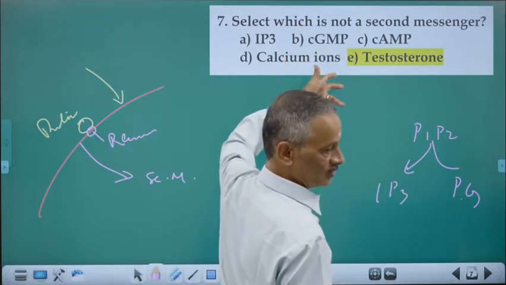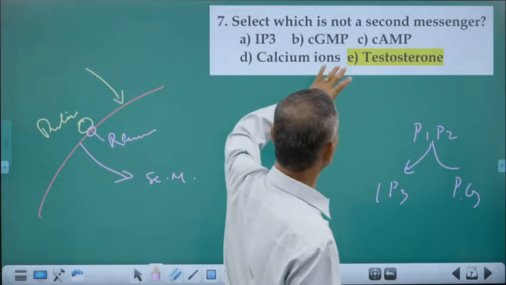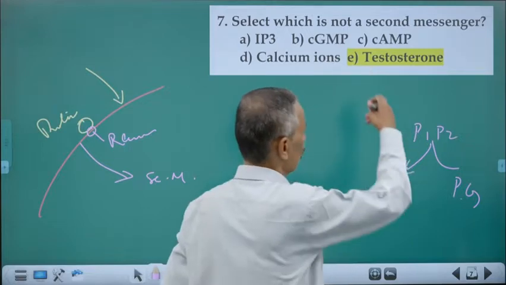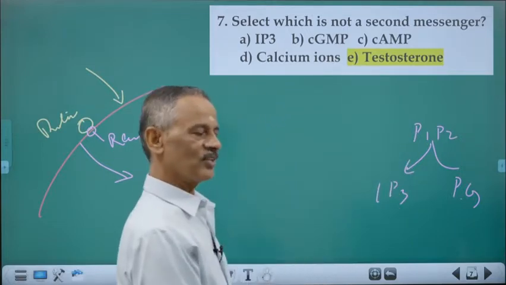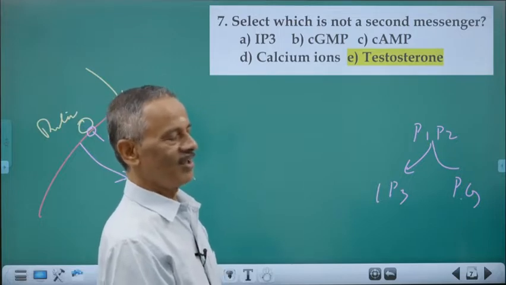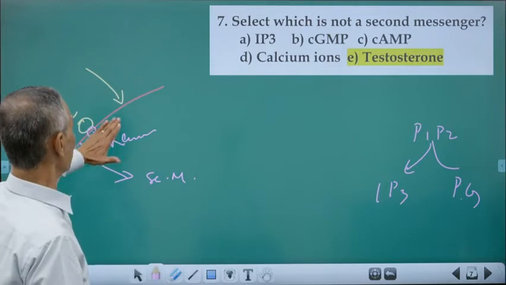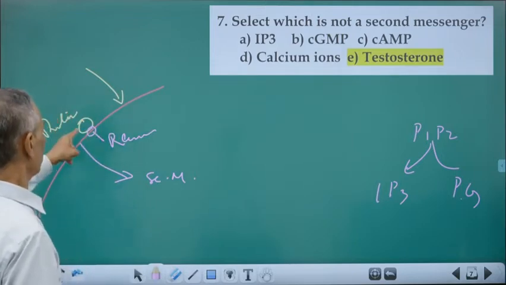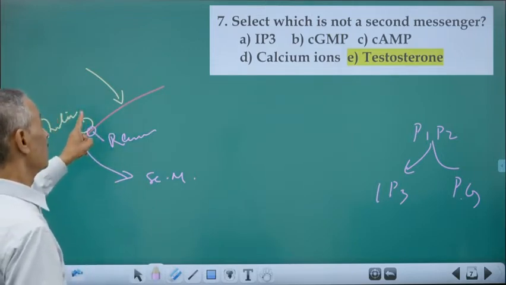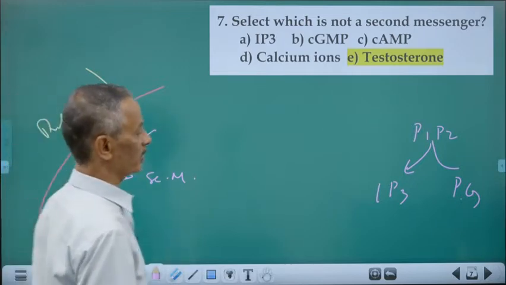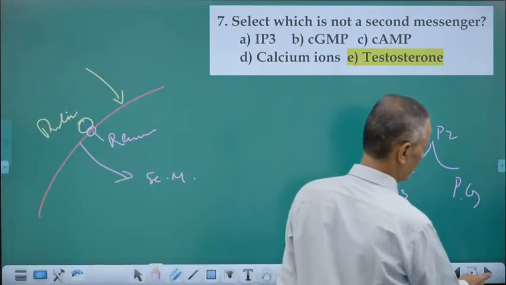These are secondary messengers, in the case of muscle contractions, whereas testosterone is a steroid. It is not at all a secondary messenger. So these are all produced by the plasma membrane when a protein hormone gets attached to the surface receptors or membrane receptors on the surface of a target cell.